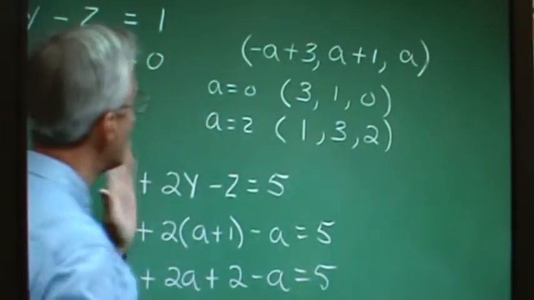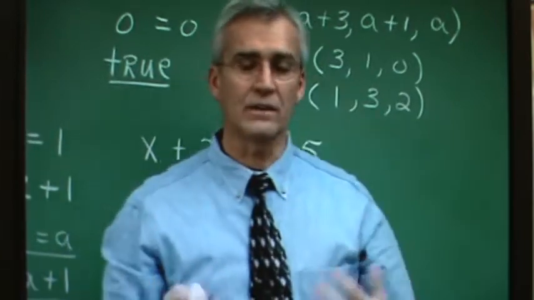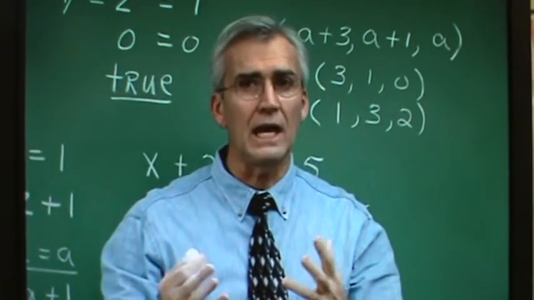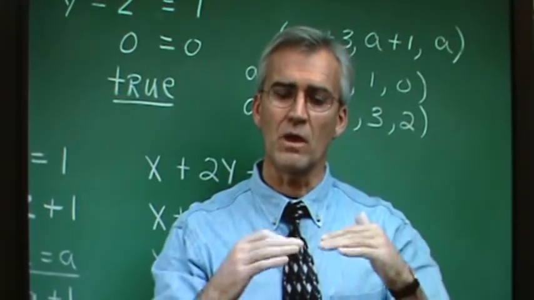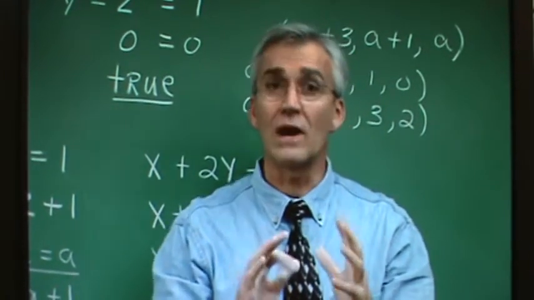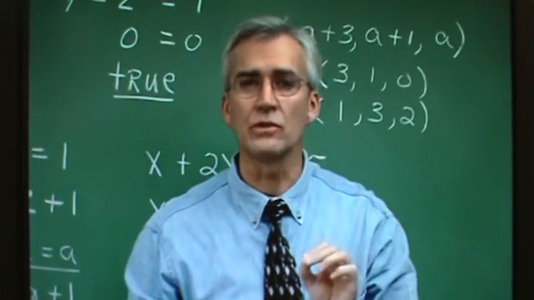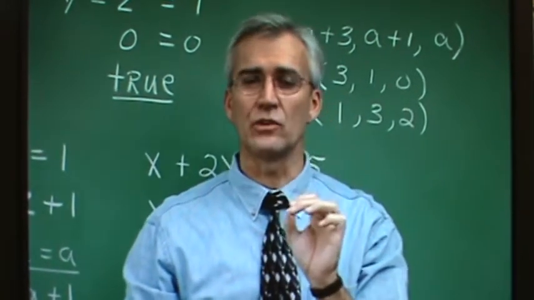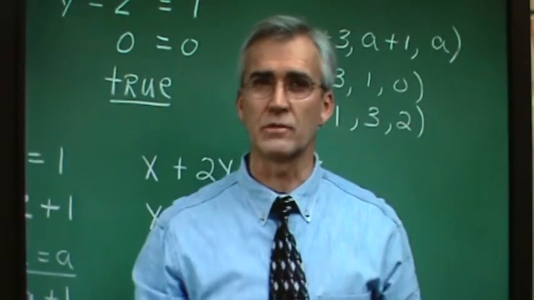Now the idea of using a instead of z implies the third item in this ordered triplet. We want to make our reference to any real number a that we choose, and not relate it to one of the elements in our ordered triplet. That's the purpose of doing that.